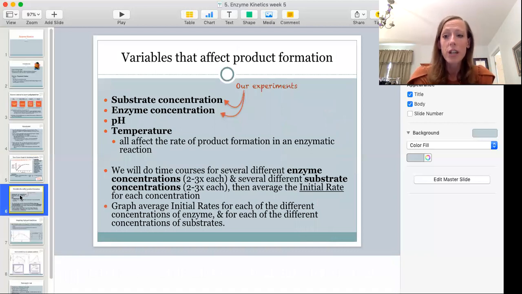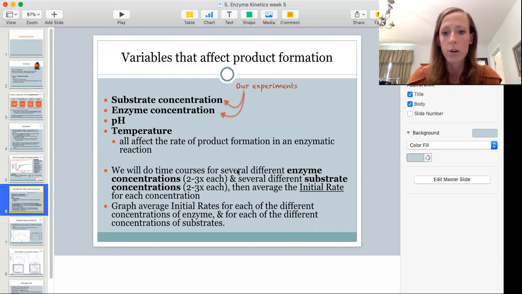We want to look at different variables that will affect the product formation. The 2 that we're going to focus on are substrate concentration and enzyme concentration. Others would include pH and temperature. These should all affect the rate of product formation in an enzymatic reaction, but we're going to focus on the first 2. We're going to do different time courses for several different enzyme concentrations, as well as separately several different substrate concentrations.